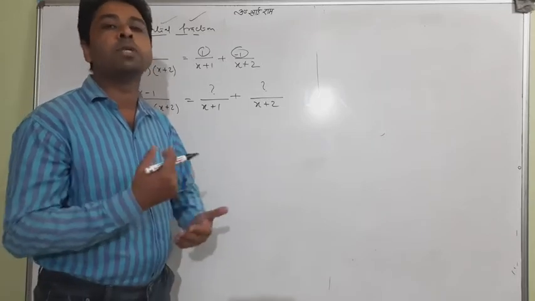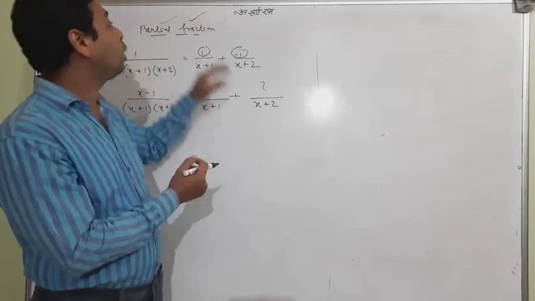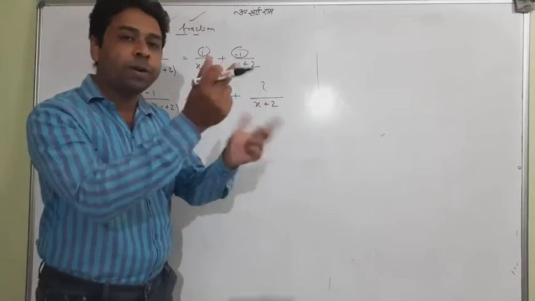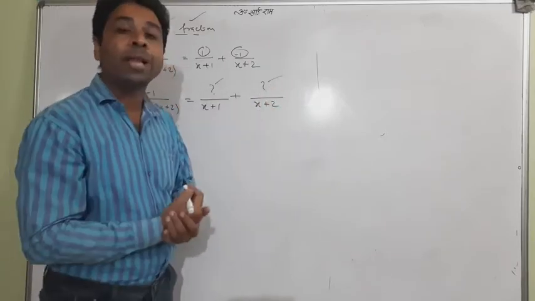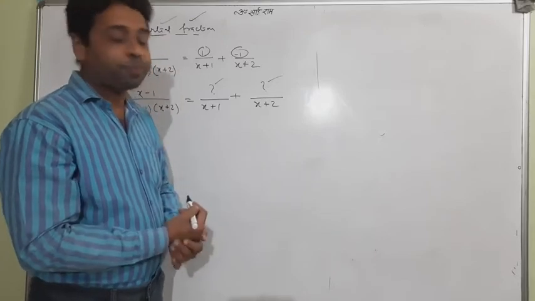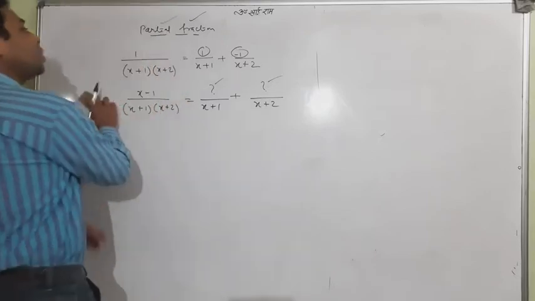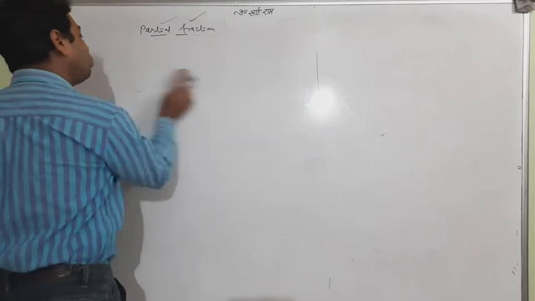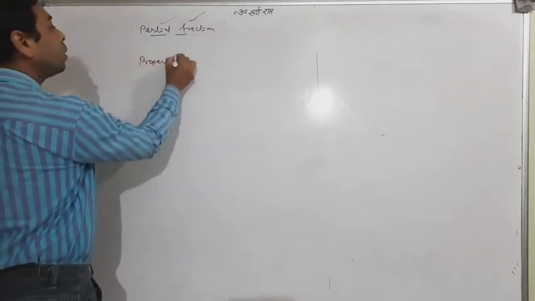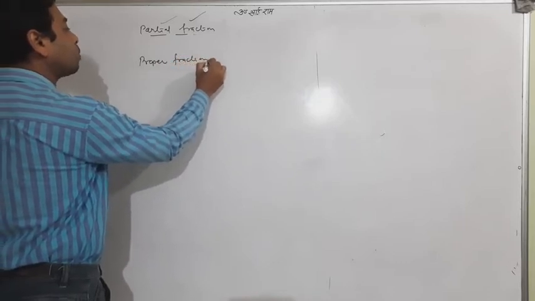Actually, we have to follow some proper method, and that method is called partial fraction, in which the denominator separates into different values, different numbers, different terms. So that is important. It follows some situations, and one by one I would tell you that first of all, we discuss proper fraction and improper fraction, proper and improper.